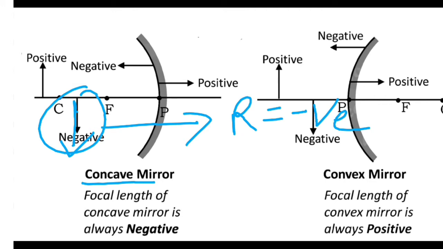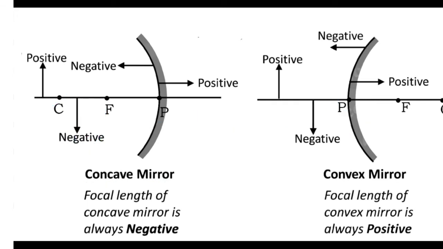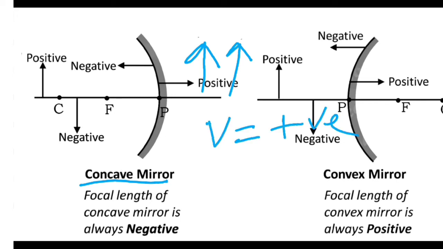But when you get a virtual image in case of concave mirror, it is always from behind the mirror. So for virtual image we have to take it as positive. For real image, we take it as negative, because we get this in front of the mirror, and we get the virtual image behind the mirror.